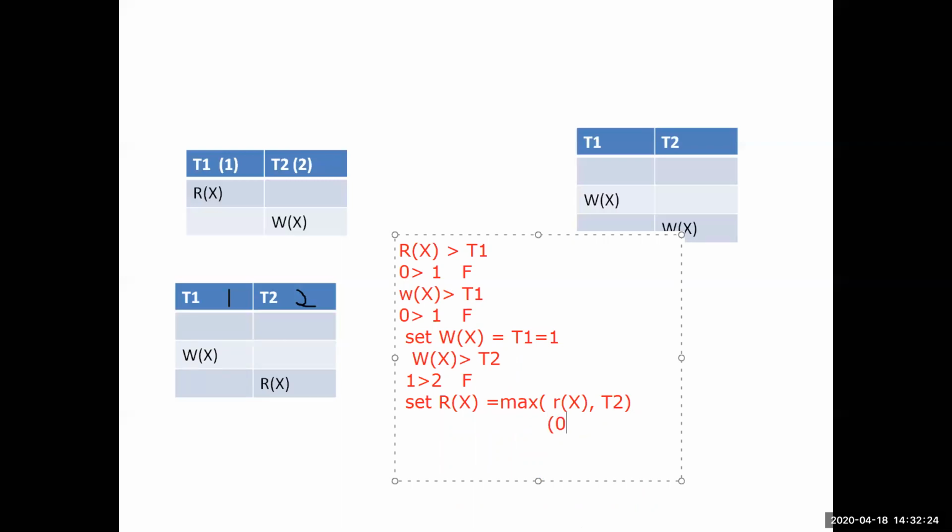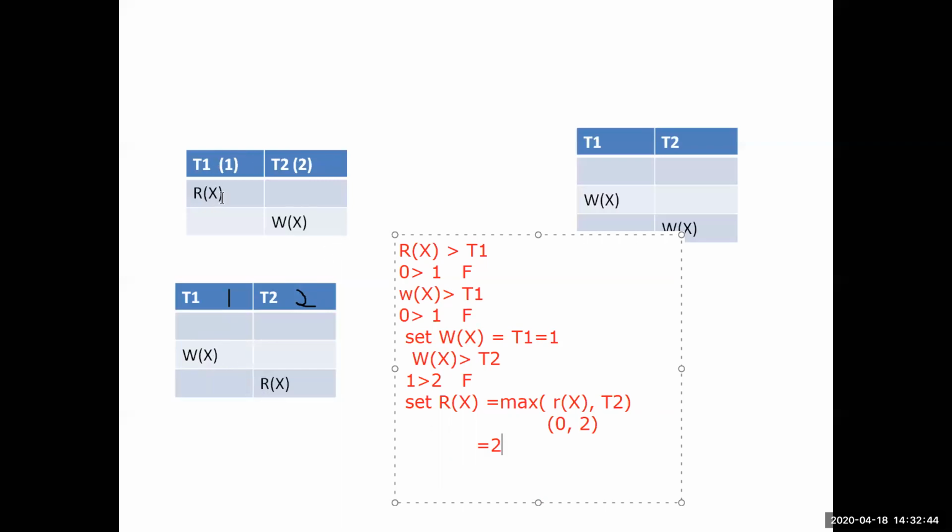Right now it is 0 and T2's timestamp is 2, so it will be set to 2. Is your condition getting satisfied? Check. Write timestamp is 1 and read timestamp is 2. So this transaction also will execute successfully.